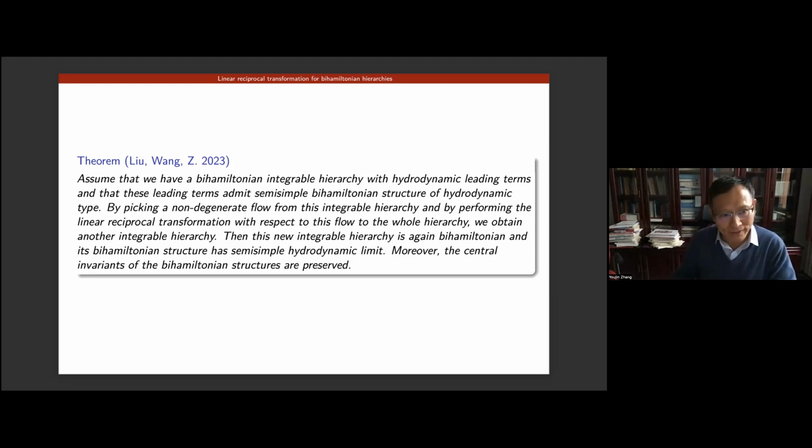Then we obtain another integral hierarchy. These flows are still commutative. And our result says that this new integral hierarchy is again bihamiltonian. It has a bihamiltonian structure with hydrodynamic limit, and its bihamiltonian structure has semisimple hydrodynamic limit.